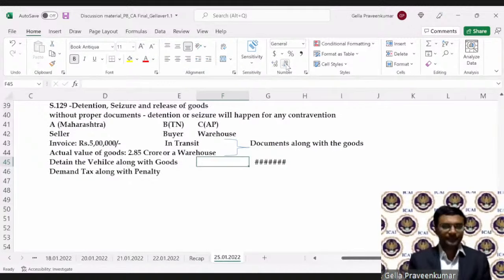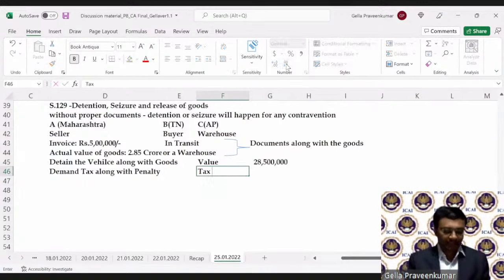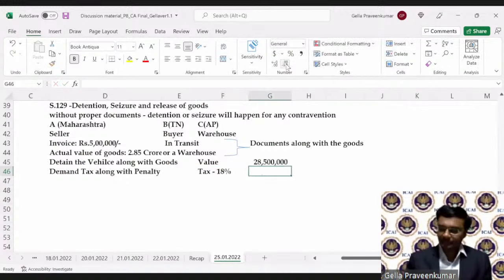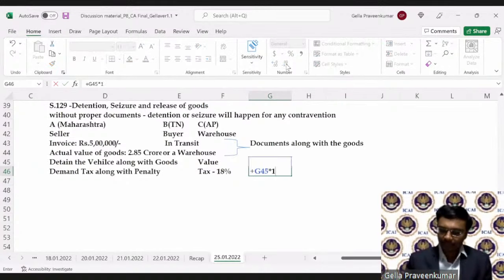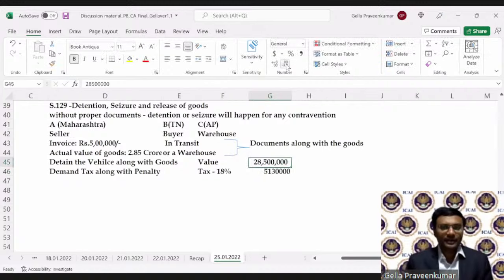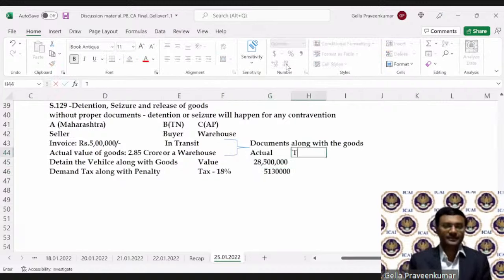Value, tax at the rate of say 18%. This is actual, as per the tax invoice. What did this supplier do? Only 5 lakh.